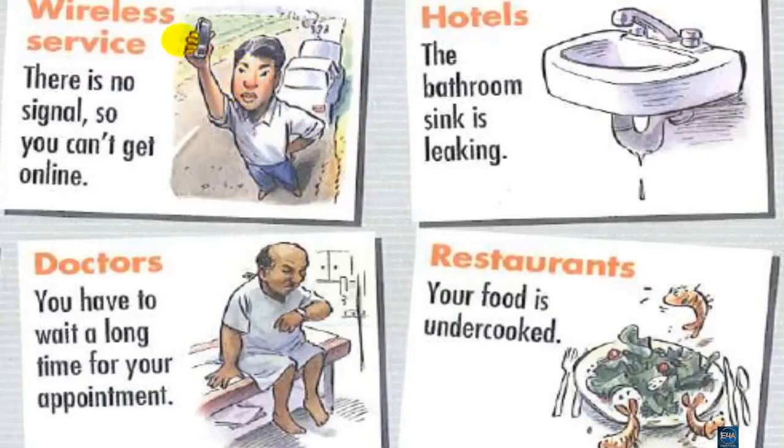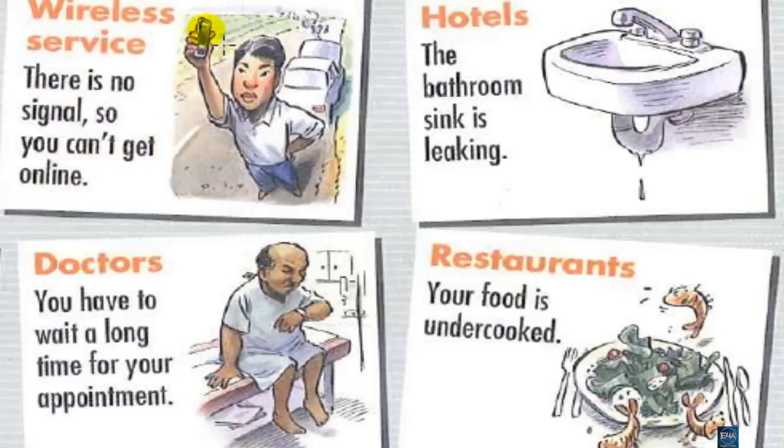What do you see here? A man, he has a mobile, he has a cell phone, and he's raising his mobile or his cell phone up. Wireless service. There is no signal, so you can't get online.